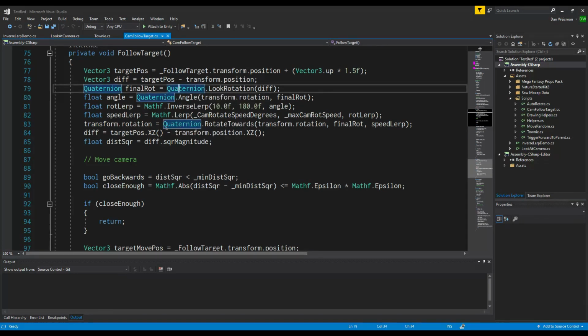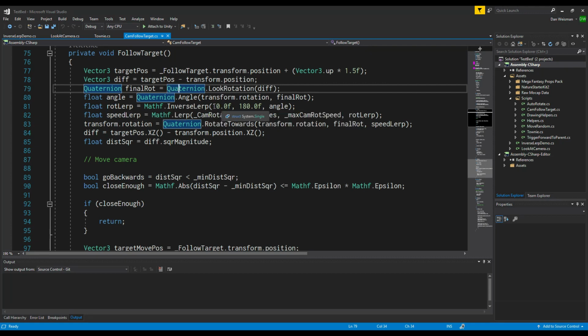So a couple quick things. Rot lerp is going to be a value between 0 and 1. The result of this function is only ever going to be a value between 0 and 1. If angle is 10, this value is 0. If angle is 180, this value is 1. If angle is 190, this value is still 1. And if angle is 0, this value is 0.